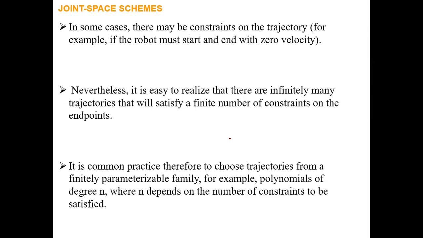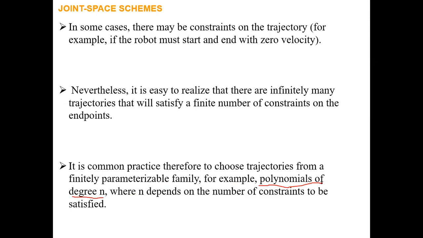Okay, so if you have n constraints, the number of constraints equals n, then you have to use polynomials of degree n. That's what I'm trying to say here. If you have 4 constraints, you have to choose the polynomial accordingly.